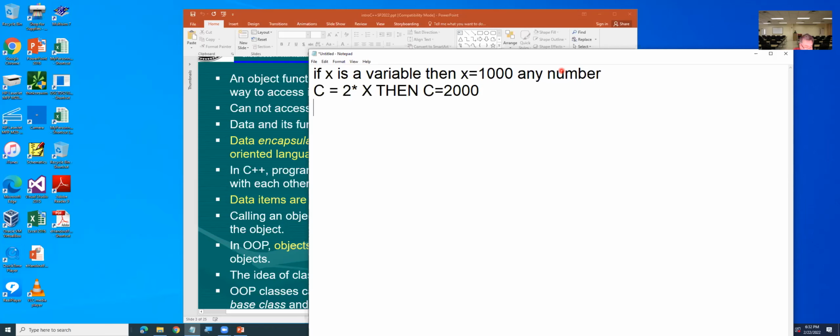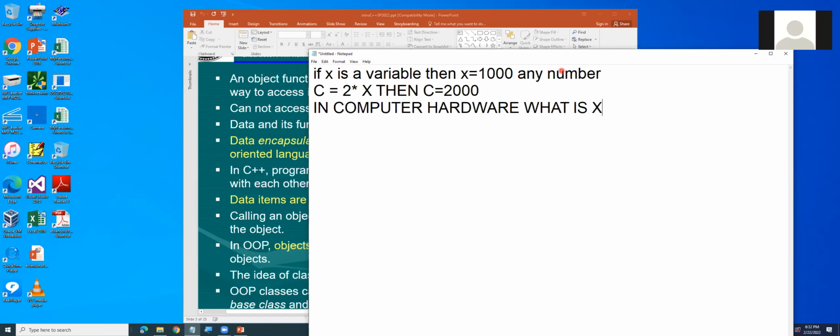So, in the computer hardware, what is X? An address. Exactly.